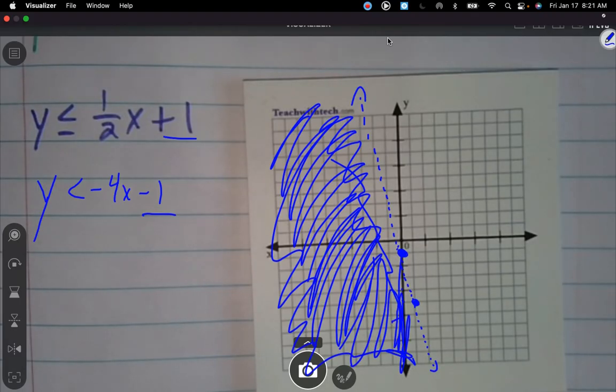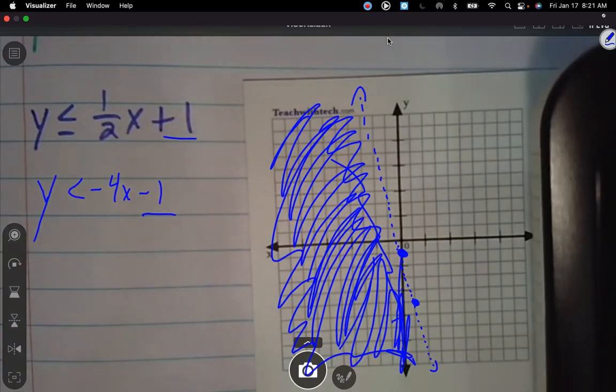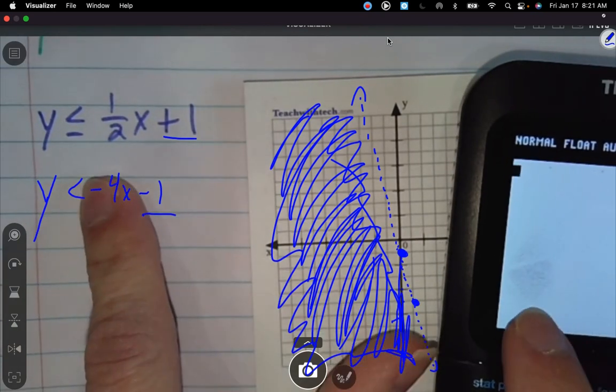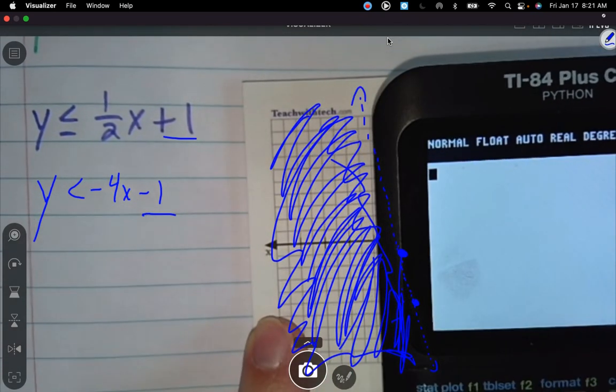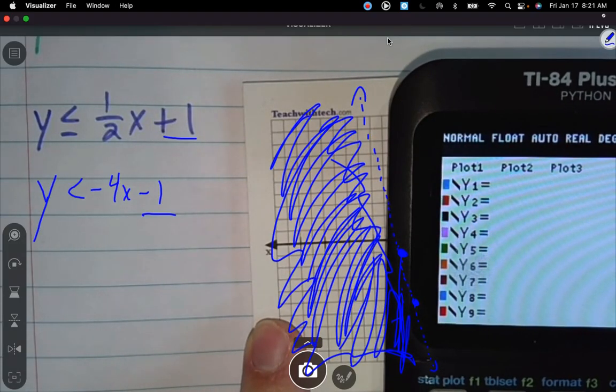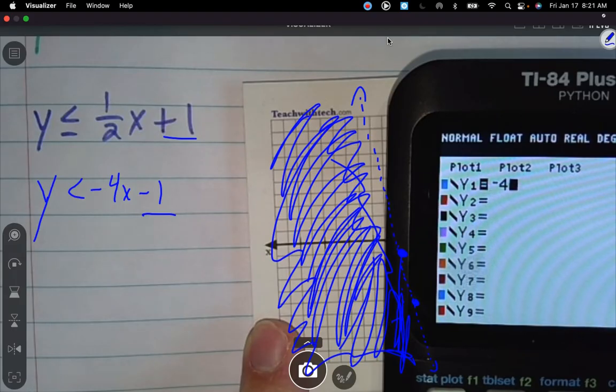Your graphing calculator can also do this. I'll show you real quick, in case you want to ever check your answer. I've got to charge this. I'm going to type in y equals negative 4x minus 1, in case you're watching.